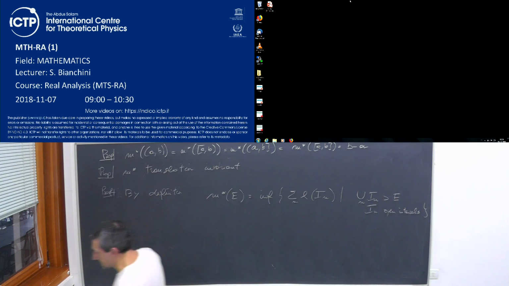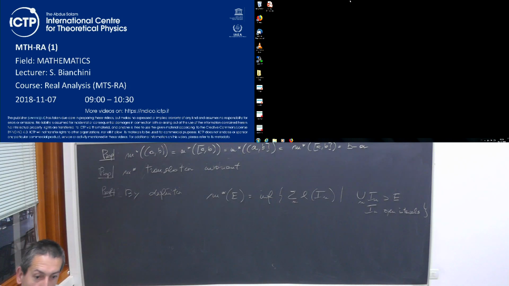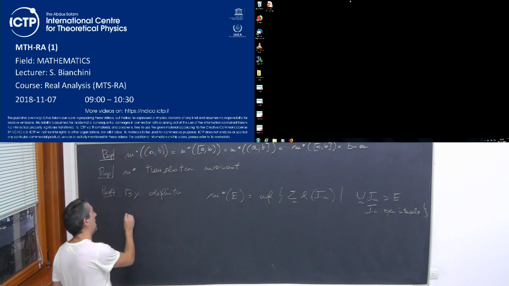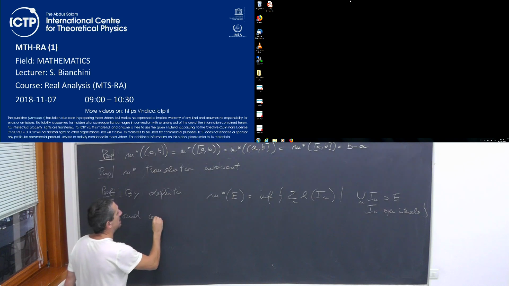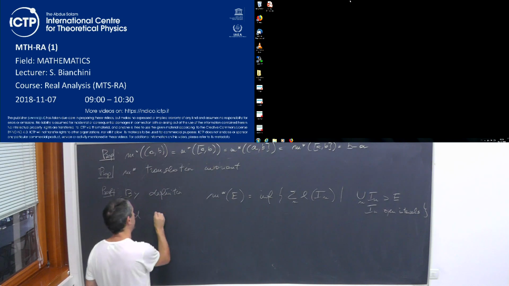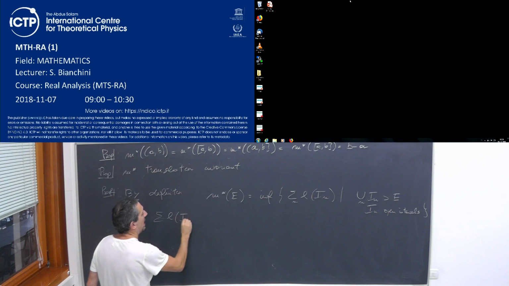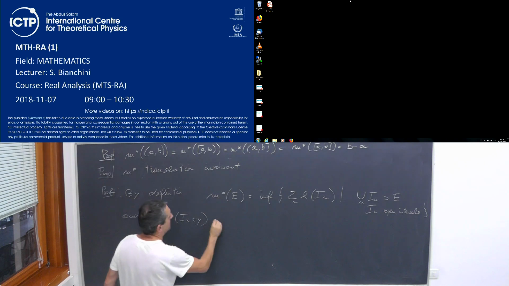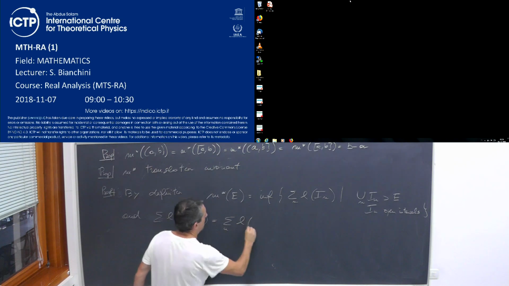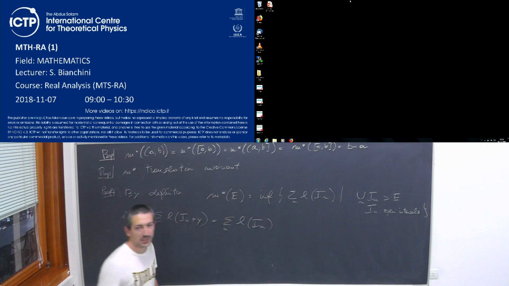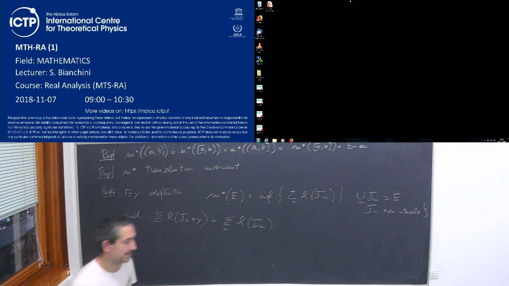Yeah, so if you translate, you get one inequality, then you translate back, you get the second inequality. Okay? And coverings, and the sum of the lengths of I_n plus y equals the sum of the lengths, because the length is translation invariant.